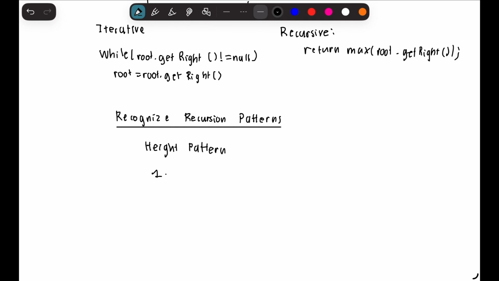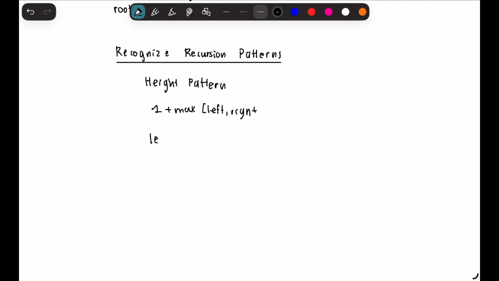That's going to be when you have 1 plus max of left and right, as we've seen. For leaf detection, you code this as checking if your left is equal to null, and also your right is equal to null.